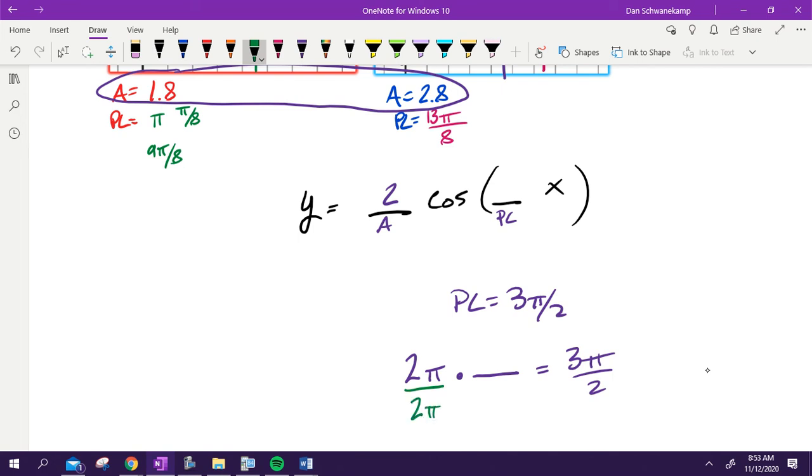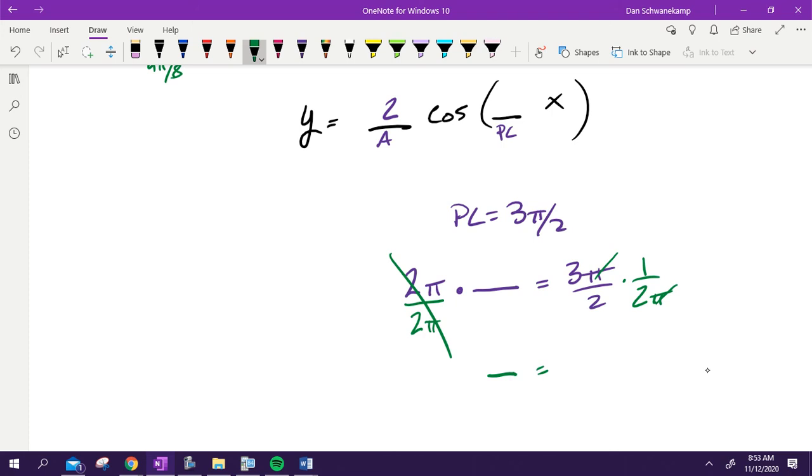Yeah, we're going to divide by 2 pi, or in other words, multiply by 1 over 2 pi. These pi's are going to cancel. I get this something over here is equal to 3/4. So do I just write 3/4 right here? No. I want to write the reciprocal because this is what I'm multiplying by. This is going to be 4/3.